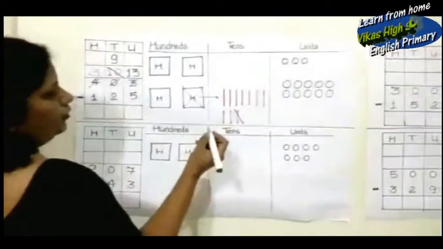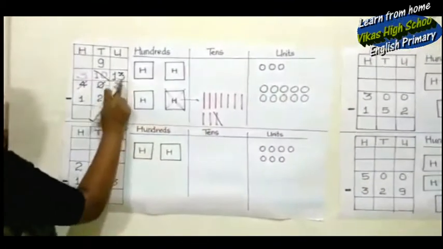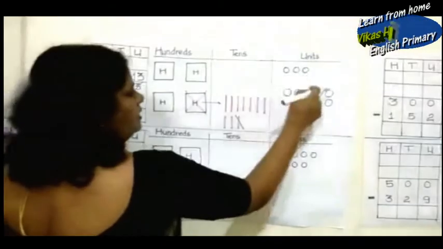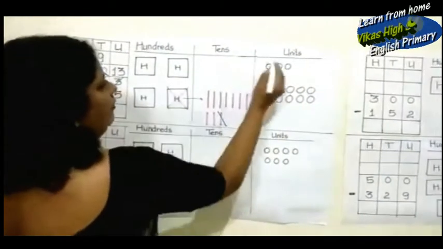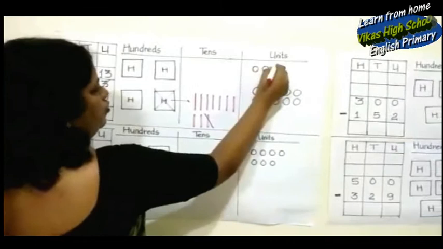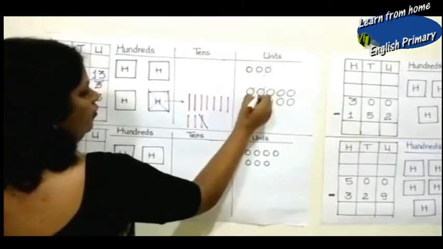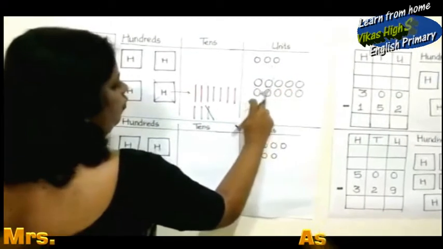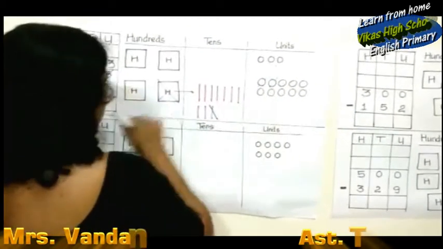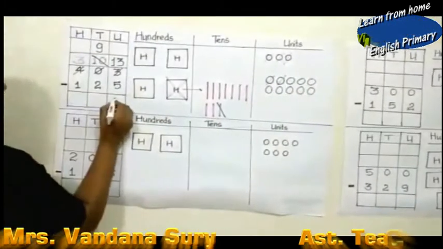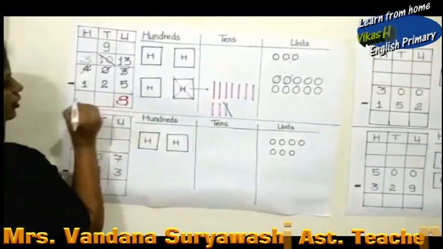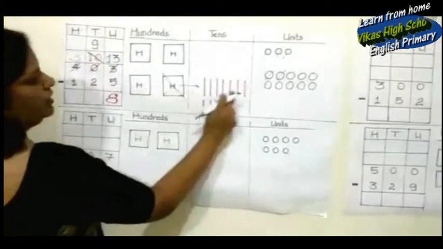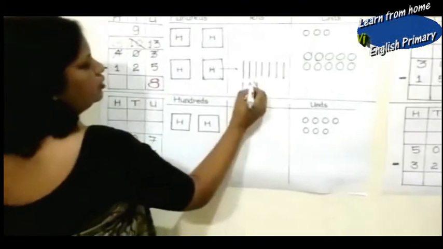So here from 13 we have to minus 5. 1, 2, 3, 4, 5. How many remain? 1, 2, 3, 4, 5, 6, 7, 8. 8 remaining. 8 units. Now 9 minus 2. From this 9 tens we have to minus 2 tens.